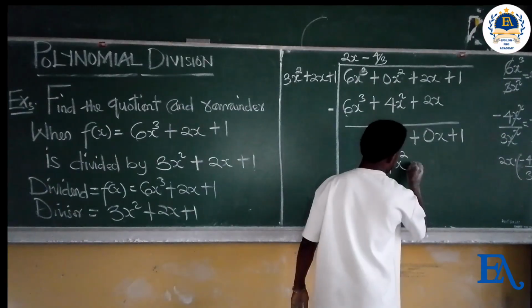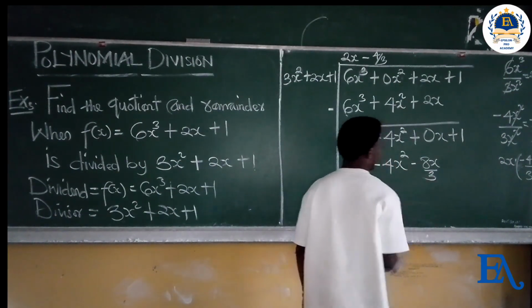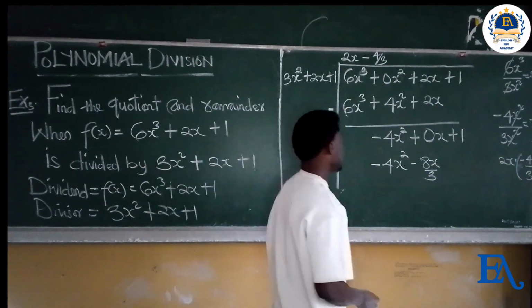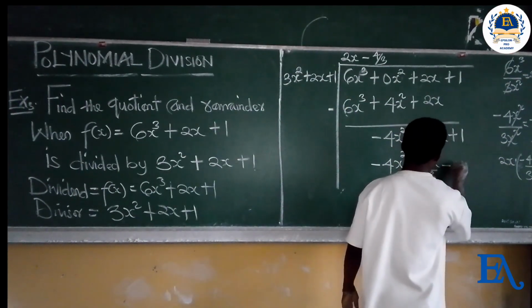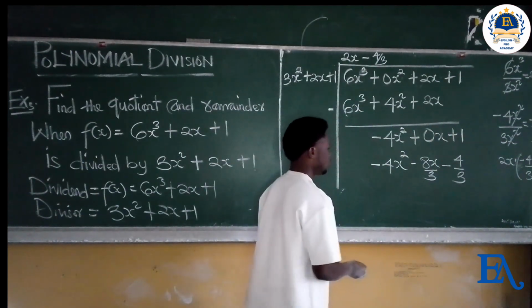We have minus 8x over 3. And 1 times minus 4 over 3 gives minus 4 over 3.